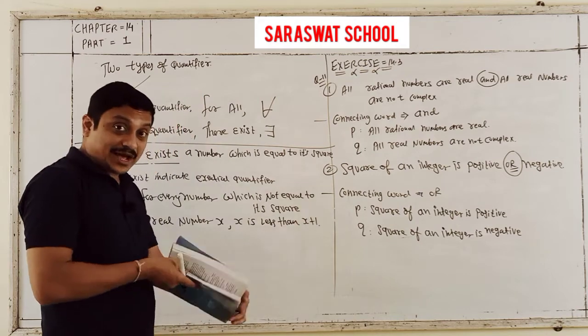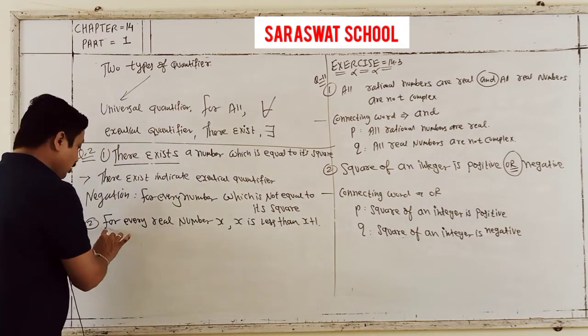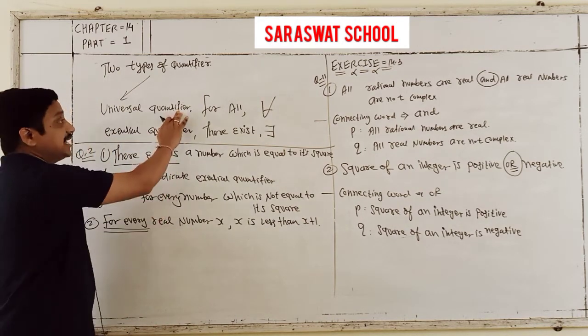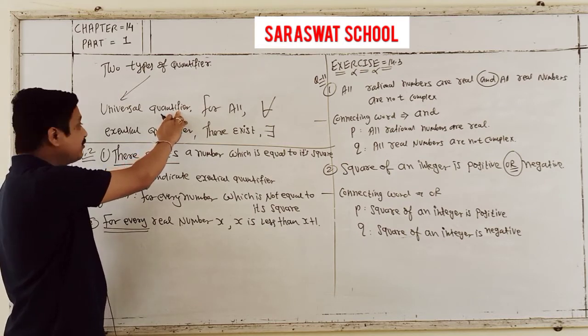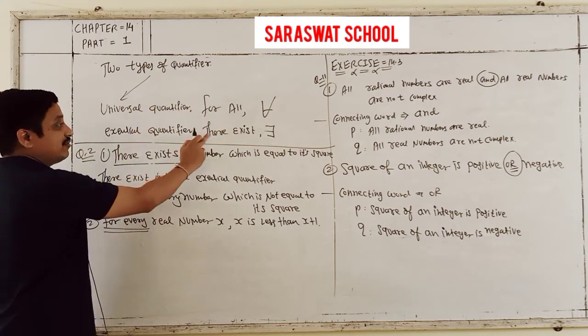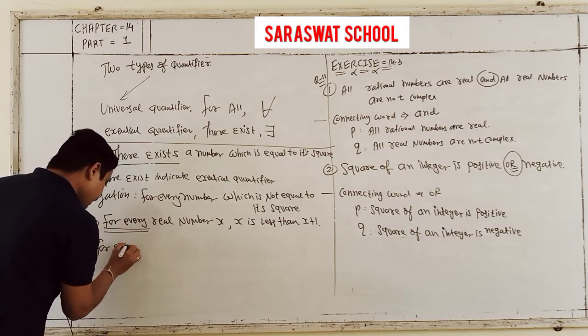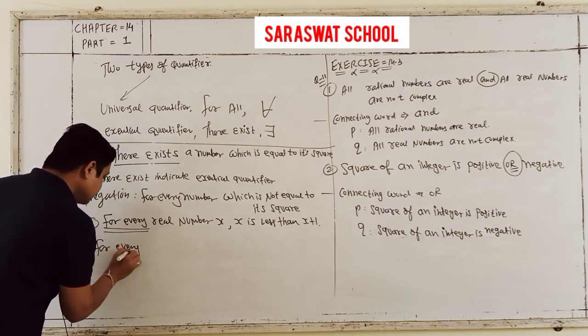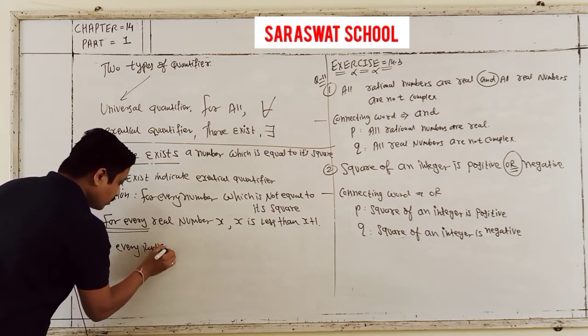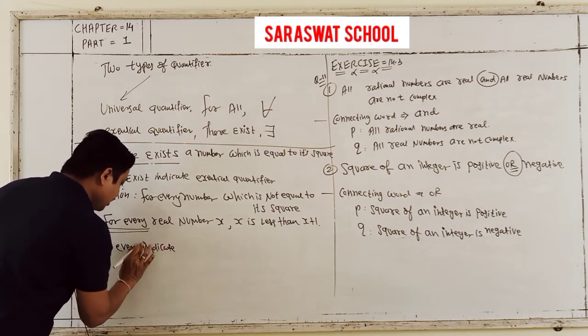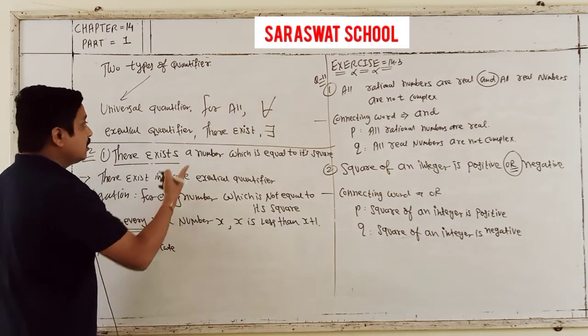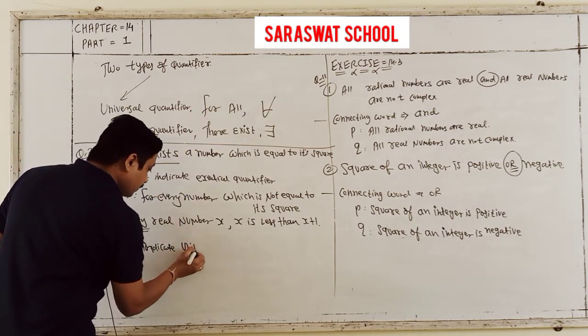Here also I first underline for every. It means our universal quantifier; I just convert it to the existential quantifier, meaning there exists. So here first of all write down for every, which indicates your universal quantifier.